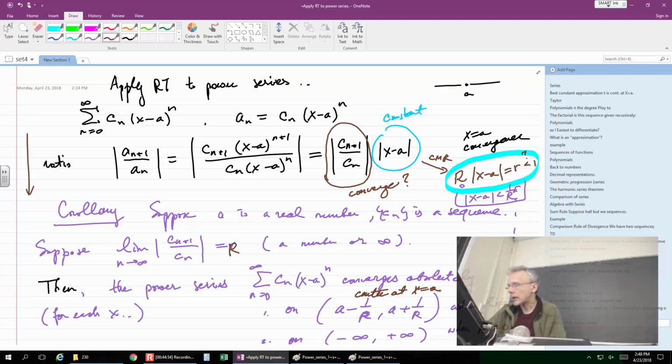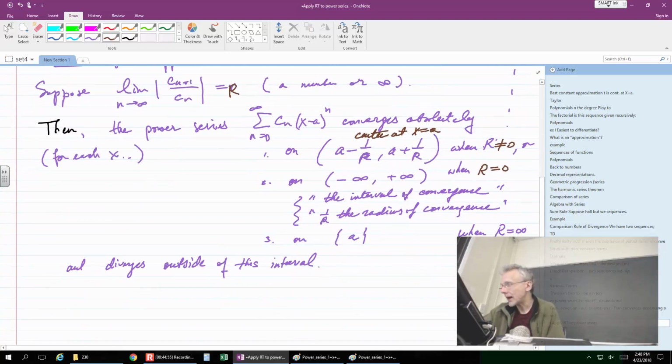Finally, the last part of the analysis is what we just carried out: look at the endpoints of the interval. We only say what's happening inside of the interval, and we know that it diverges outside of that interval.